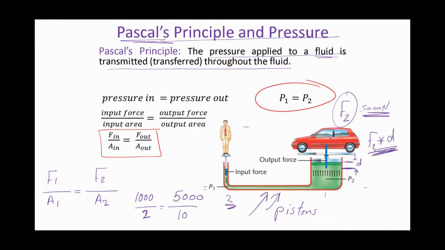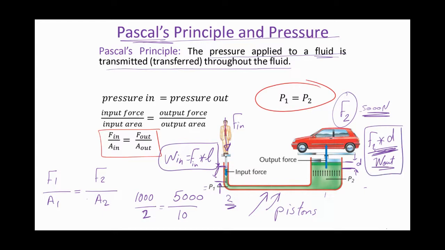This is the output work of the machine. And what is the input work? The input work is the input force times, let's say, this part of the piston will move a certain distance L. So the input work equals the input force times the distance L.